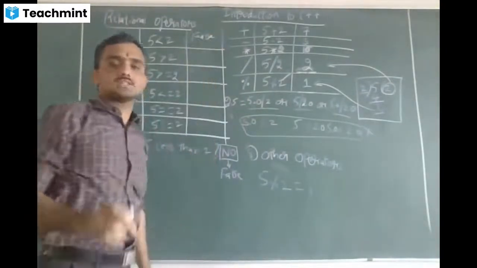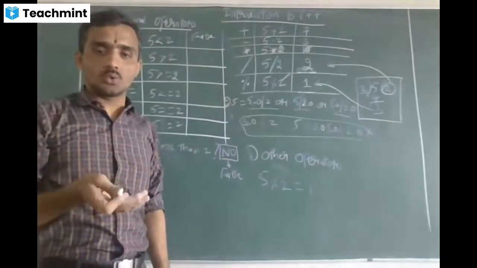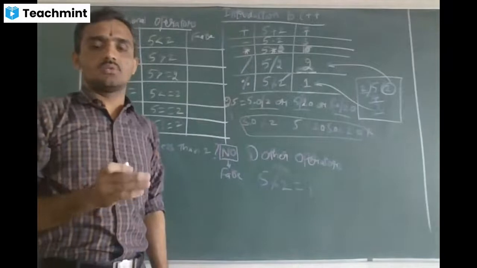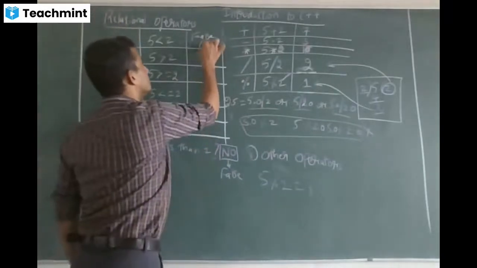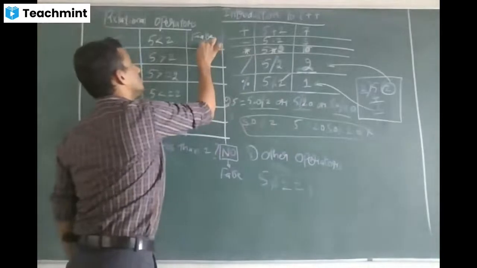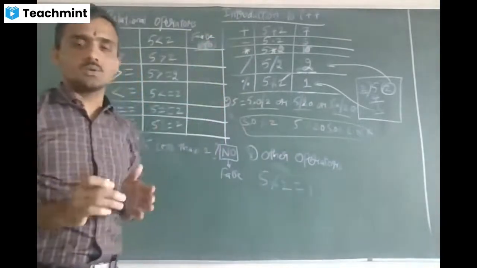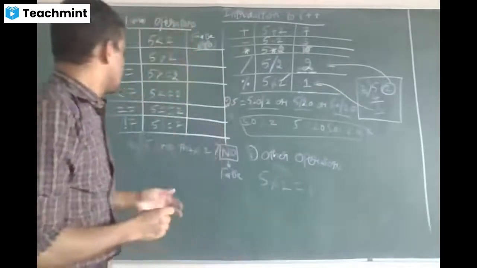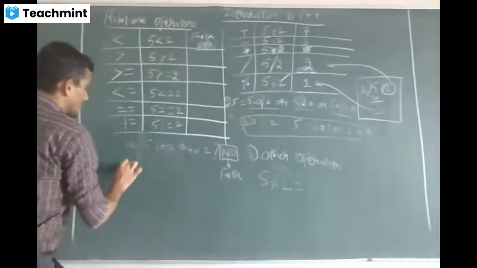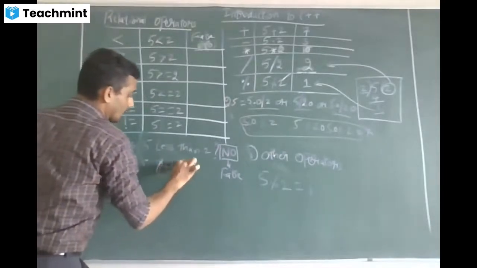So in the case of relational operators, there are only two results, either true or false. Whenever you get true, you will not get false, and vice versa. Wherever you get false, you can consider it as the digit 0, because for true and false, values have been given: false means 0, true means 1. Next, same question: is 5 greater than 2?